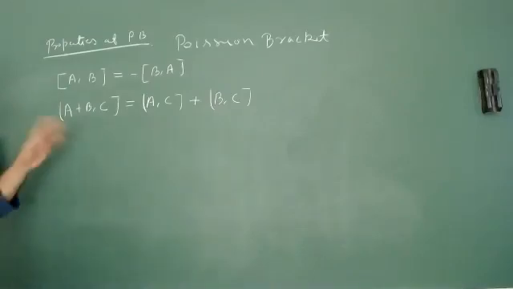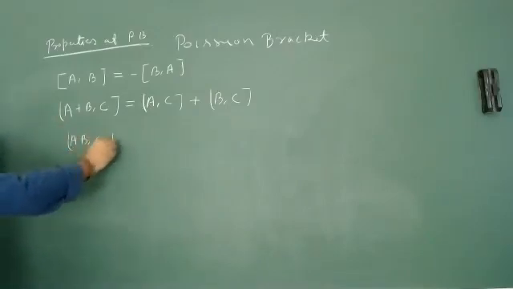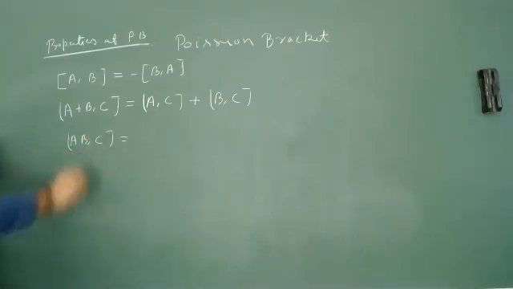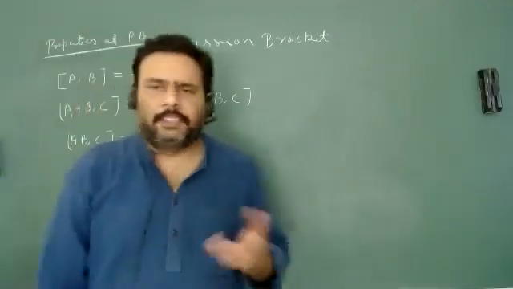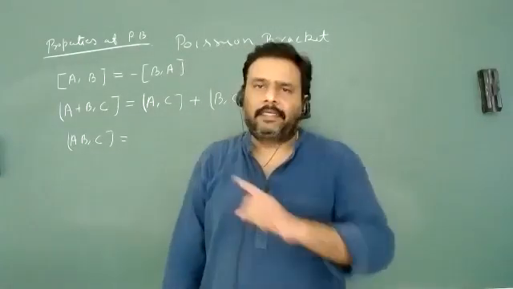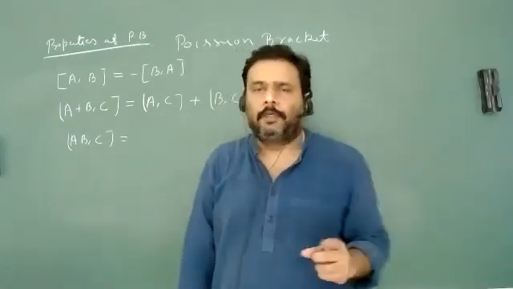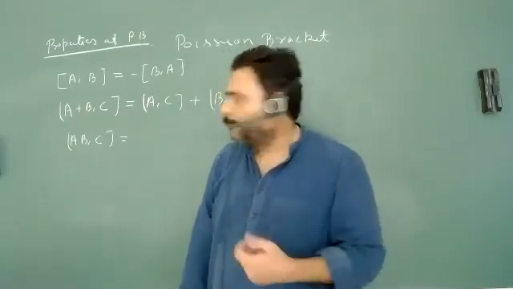These are very trivial. The most important is {A, BC}. What will be this particular thing? In classical mechanics, the order of A, B, and BA can be interchanged. But I will suggest you keep this order intact, because when we go into quantum mechanics, we have the same definition of this order.